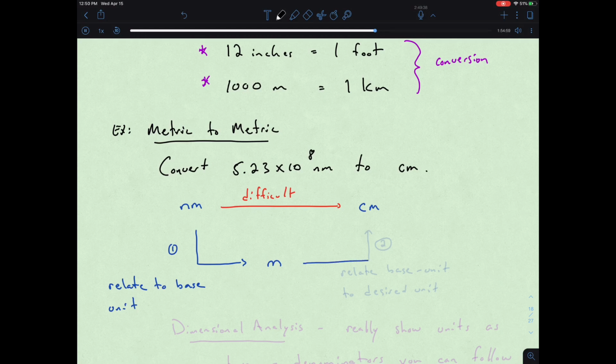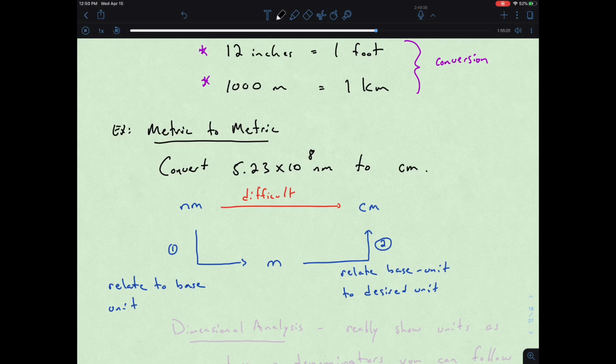And then second, take the base unit and relate that base unit to the desired unit. That would be really step 2 in terms of these simple metric conversions.